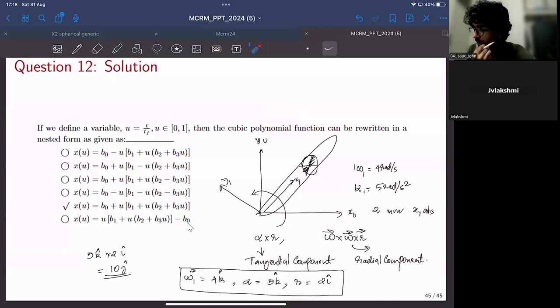This is the problem: what are the components of linear acceleration? What is the acceleration symbol? Is it alpha, sir?